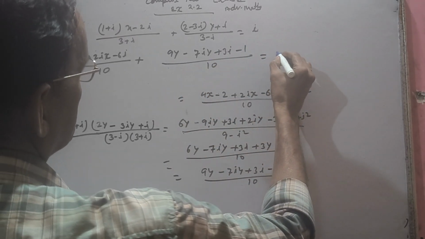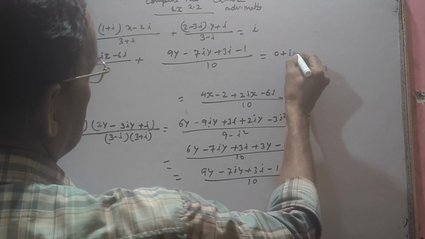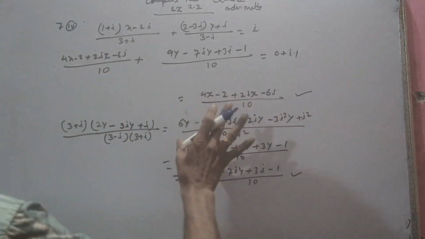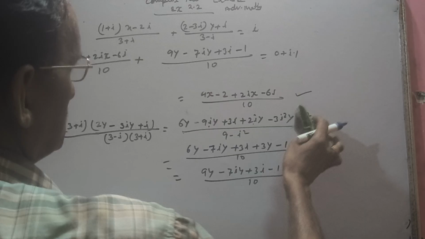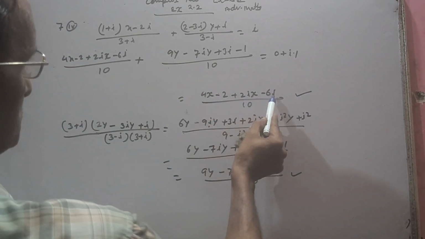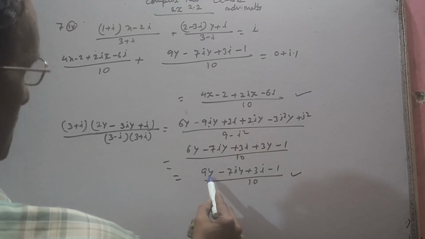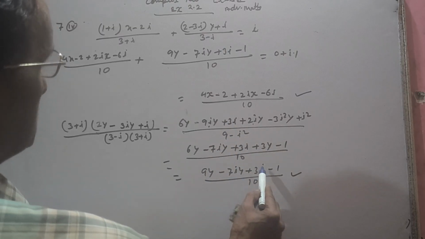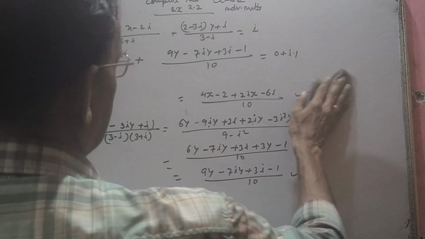Here you can write 0 plus i into 1. I will omit this part, not required now. Just check it again once: 4x minus 2 plus twice ix minus 6i by 10 and 9y minus 7iy plus 3i minus 1 by 10.